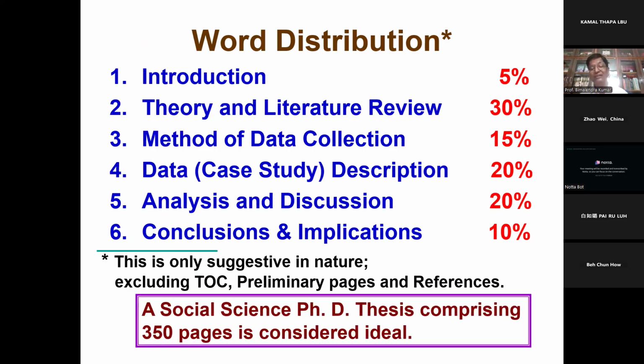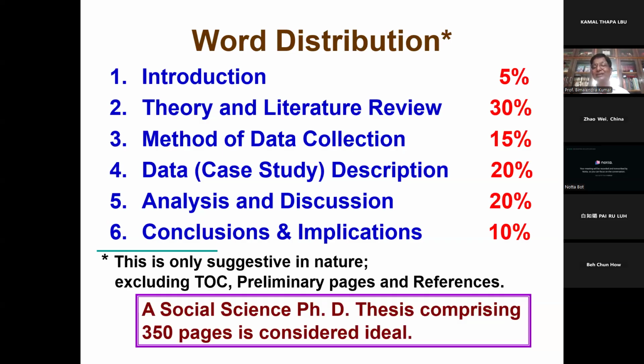In the research paper or the research dissertation, how you have to put all your sentences in the form of words. Suppose there are 80,000 words in the dissertation. Out of the 80,000 words, 5% must be given to the introduction.